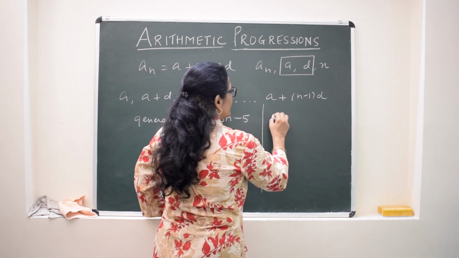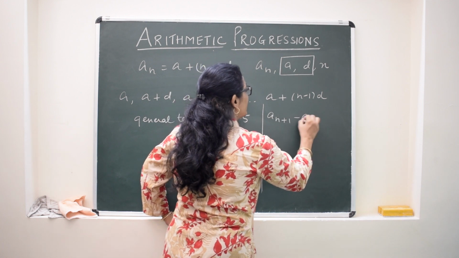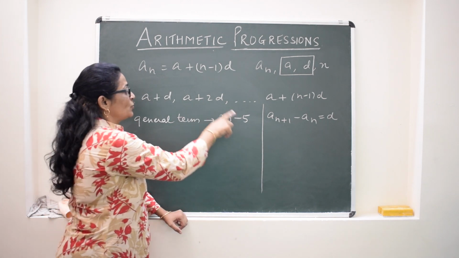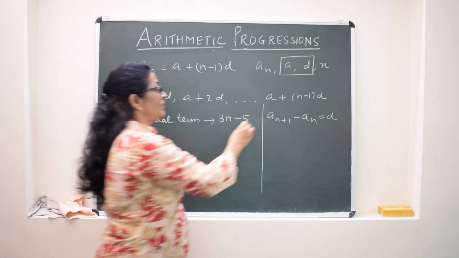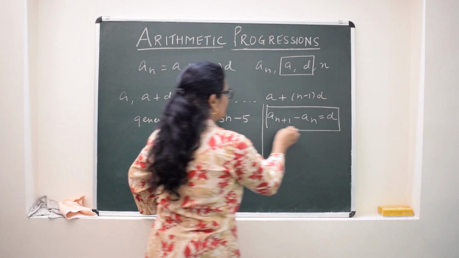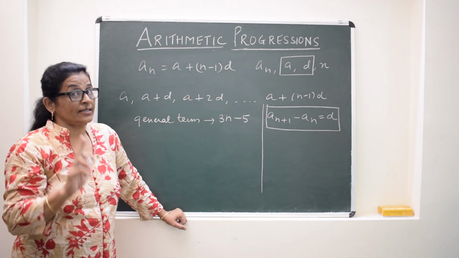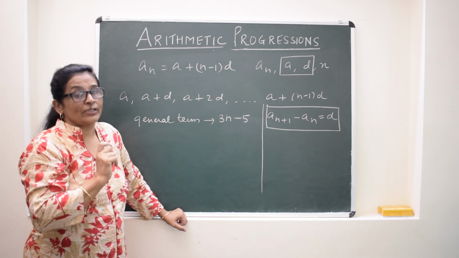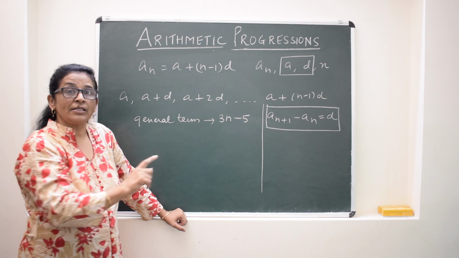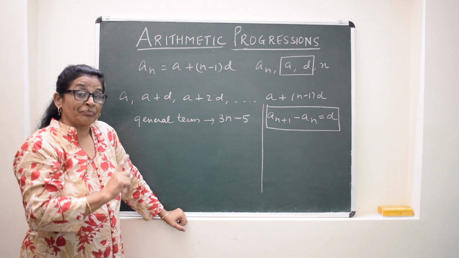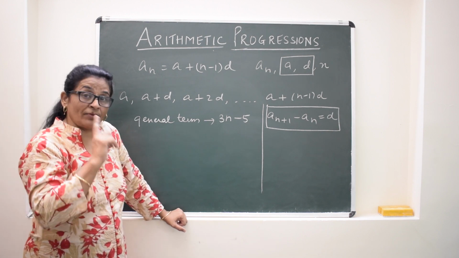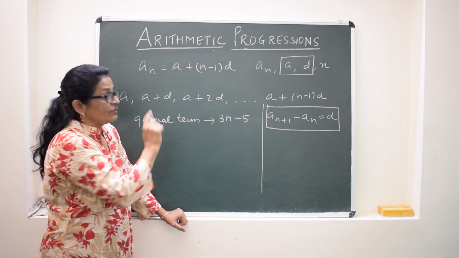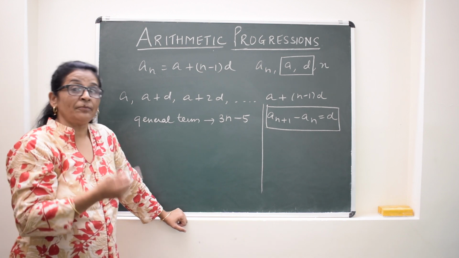So we can say that an plus 1 minus an is the common difference D. Whenever this type of situation is given, the very first thing we will check is what D is. And if that D is independent of n, then only this will be an AP, otherwise not. It means that the sequence, series or pattern which is given to us may not be an AP. So whichever sequence or general form is given, first we will check D, and on the basis of D, we will proceed.